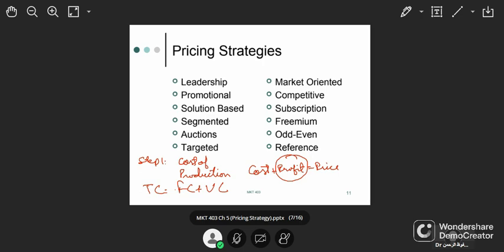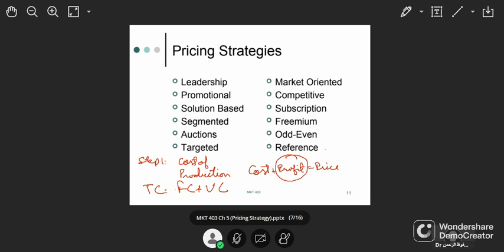But the impression can also be that low price means low quality product, right? So profit calculations have to be done sensibly. Once you have decided on the price, and how you decide depends on market situations, some pricing strategies I will talk about.